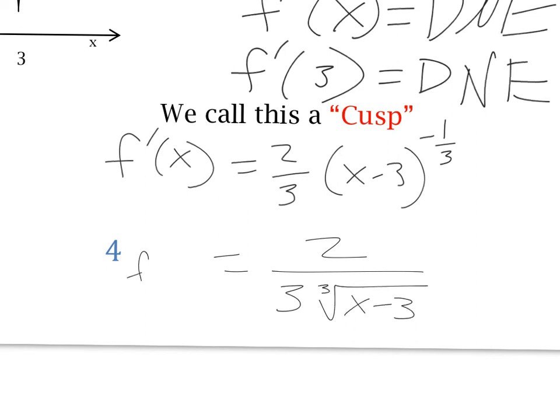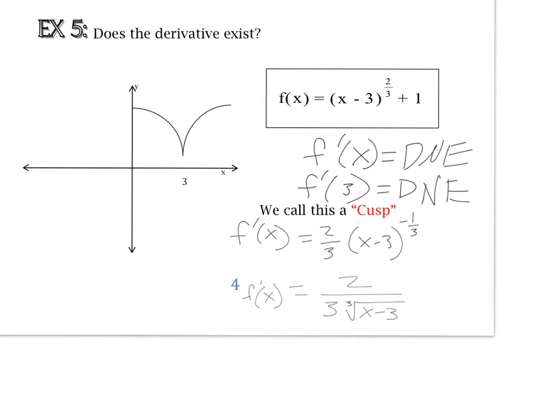And now you could probably see why it doesn't exist at 3. If you plug a 3 in here, you get 3 minus 3 is 0, the cube root of 0 is 0, 0 times 3 is 0, and you get a 0 in the denominator. And so that's why we could say for certain, both from the graph and from our derivative, that the derivative of f at 3 does not exist.